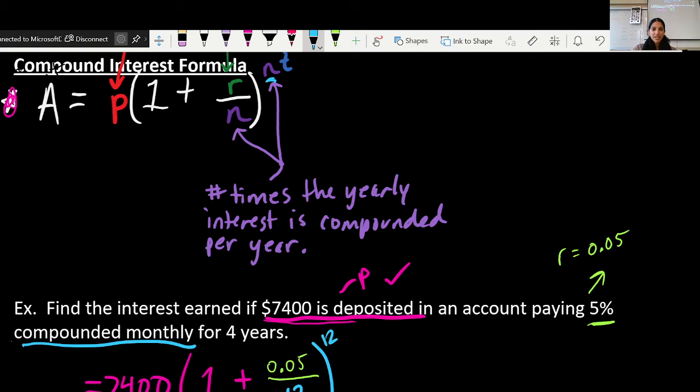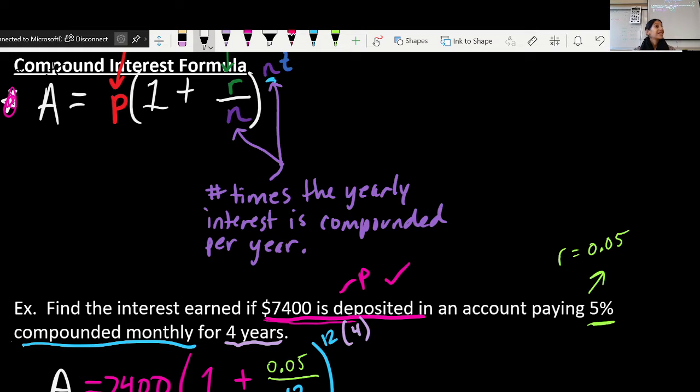And it's times t, and in this formula, what does it tell us that t is? 4 years, so we're going to multiply this by 4. And that all would tell us our A value, our final amount, or our future value, whatever you want to call it.